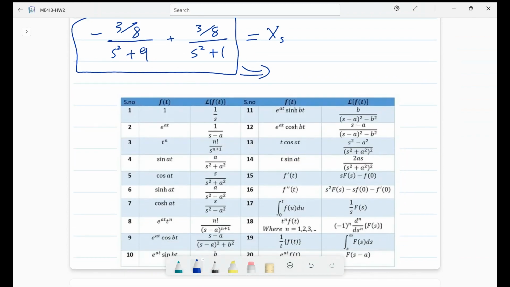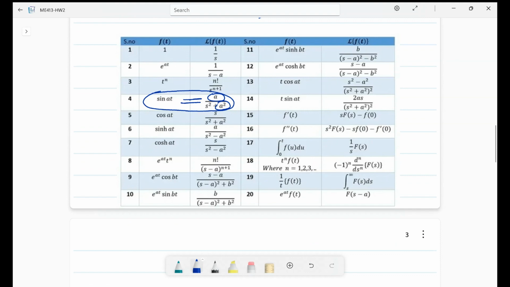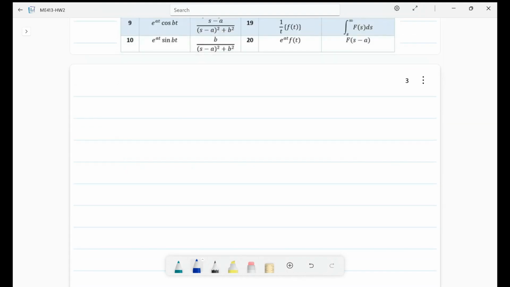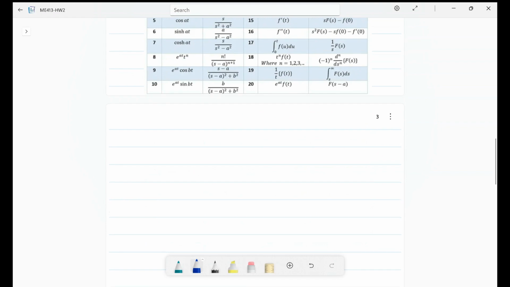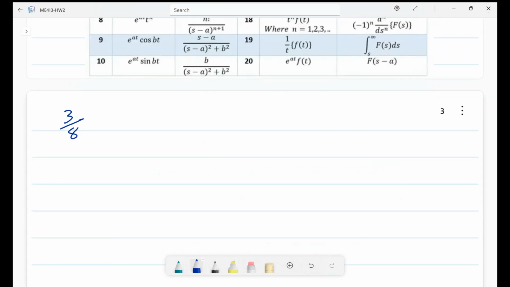As you can see, there is a similar form for our two terms above, but we need to do a simple modification in order to have this a and a squared similar to what we have above. So we'll take them term by term. First we'll take this term, because it's easy. Just take the 3 over 8 out, and you will be left with 1 over s squared plus 1.